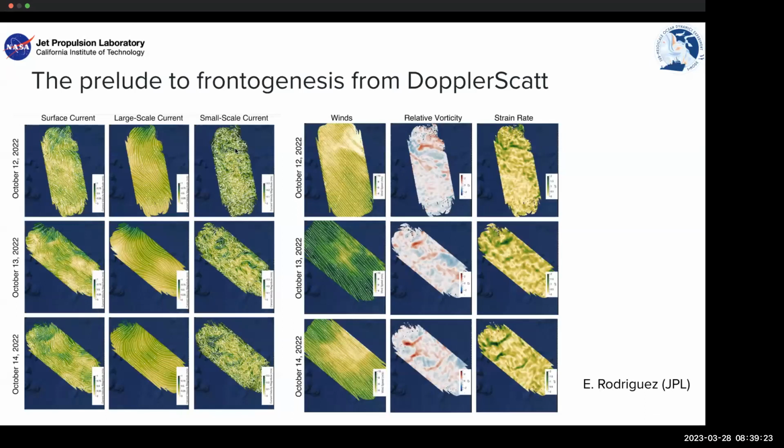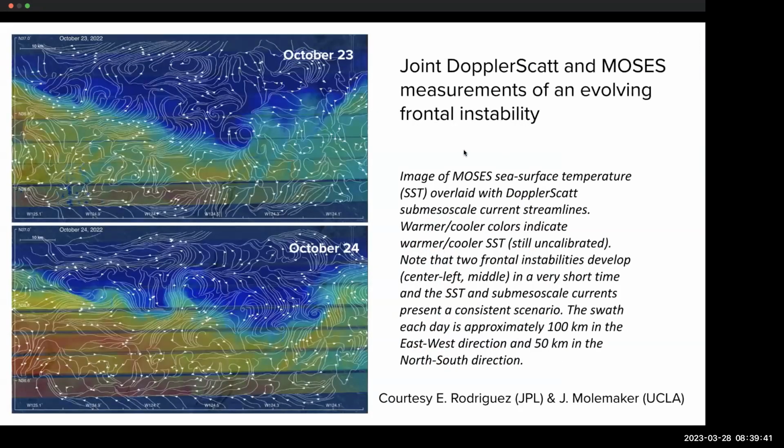Small-scale current is indicative of the submesoscale, so you can see eddies developing and forming. We also get the winds, and we get the relative vorticity and the strain rate, and you can see high relative vorticity beginning to form and high strain rates, and these things eventually turn into this front that developed between October 23rd and 24th.